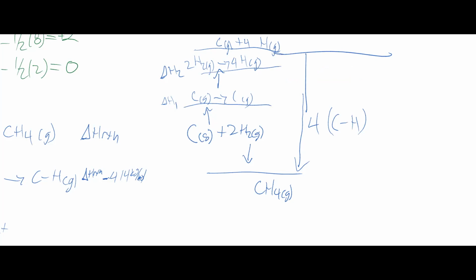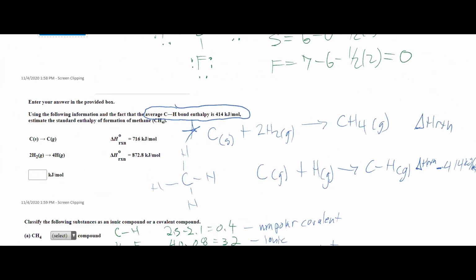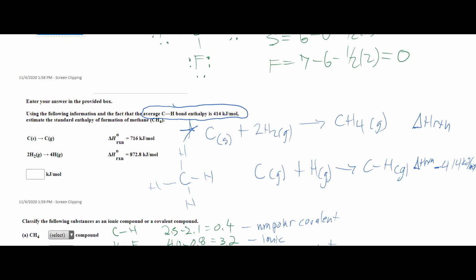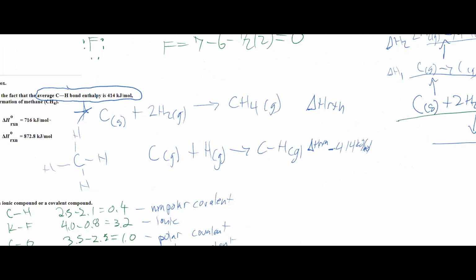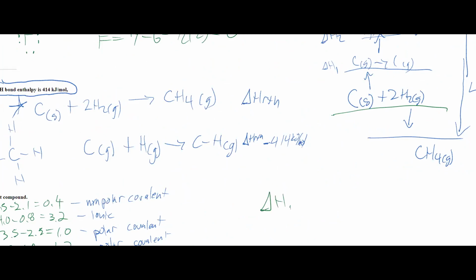So let's think about that. When I transition from that carbon solid to my carbon as a gas, we're going in the same direction, and so we're putting in 716 kilojoules. So my delta H1 is going to be 716 kilojoules per mole, and that's the amount of energy it takes for us to take that carbon as a solid and turn it into carbon as a gas.